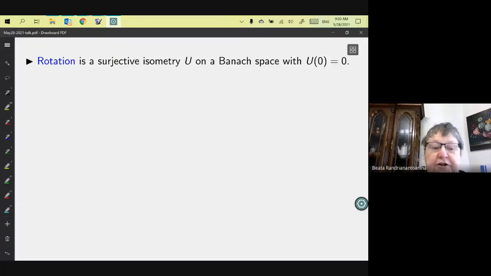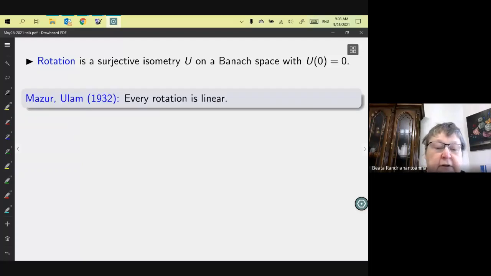I will use rotation to simply mean a surjective isometry U on a Banach space such that U of 0 is 0. So this is a classical result of Mazur and Ulam from 1932, from the very beginning of the theory of Banach spaces, that every rotation is linear. So, meaning for us, rotation means surjective linear isometry U on a Banach space.